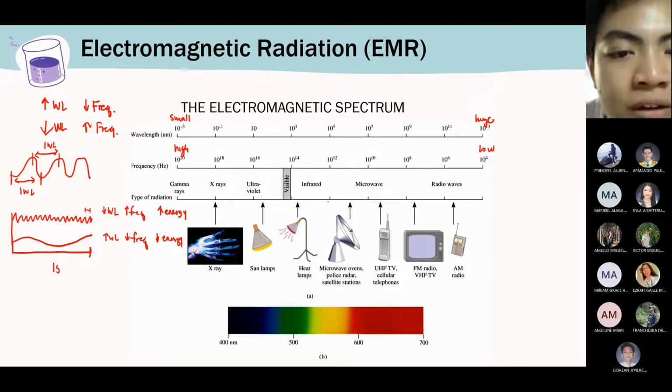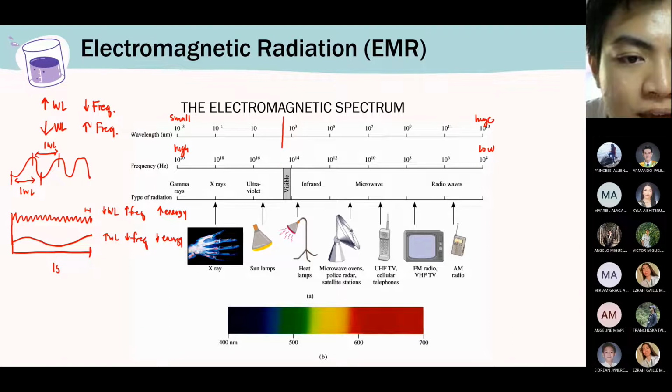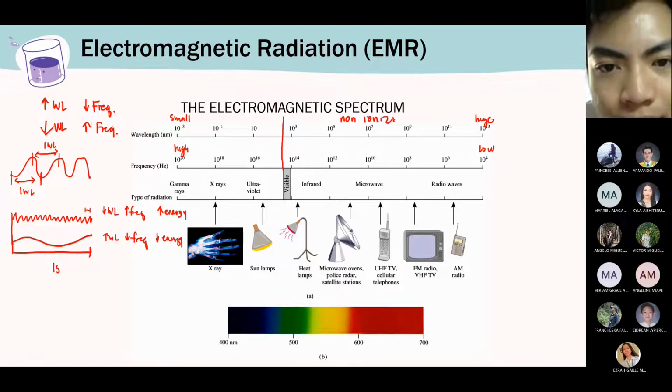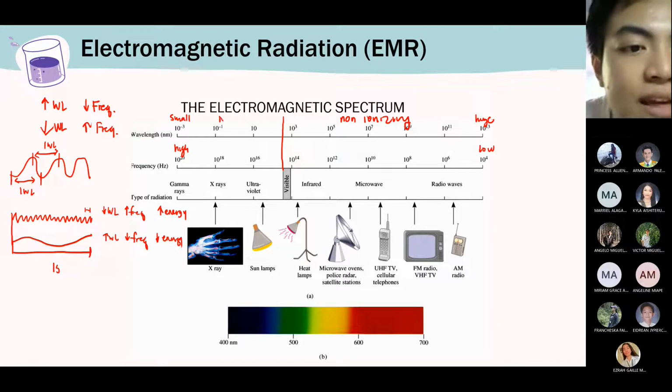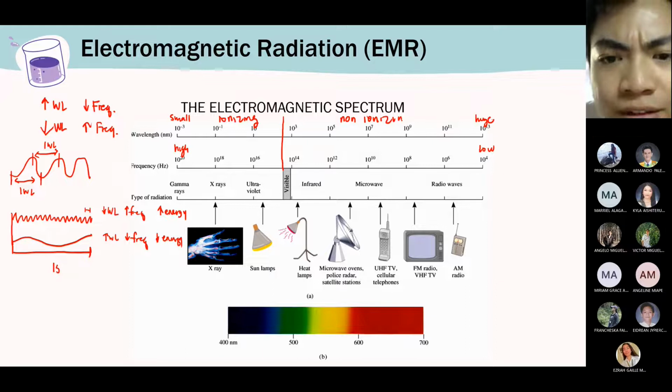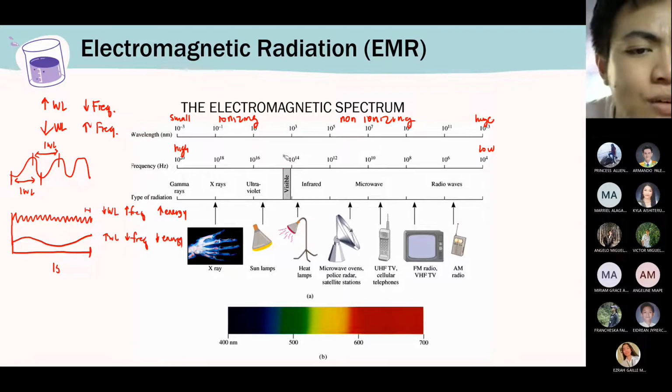We have here the non-ionizing radiation and the ionizing radiation. Siguro you've heard this, no? So we have the non-ionizing region and the ionizing region. Okay? So, ano meron sa ionized, no?